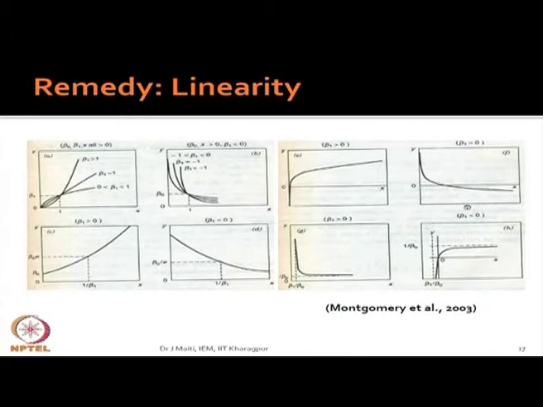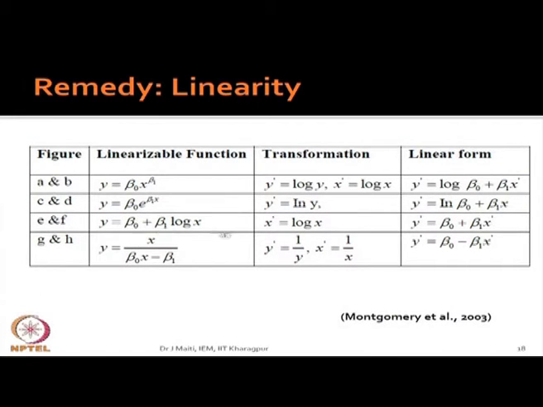If your data is like E and F, then you go for y equal to beta 0 plus beta 1 log x. That means you are transforming x into log x, and you will be able to get a linear relationship.